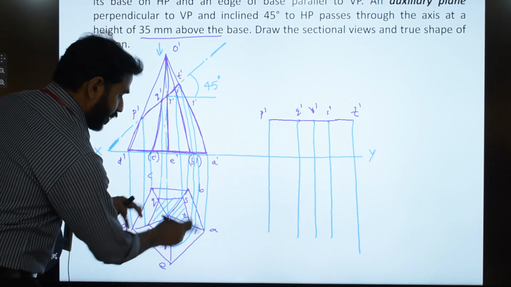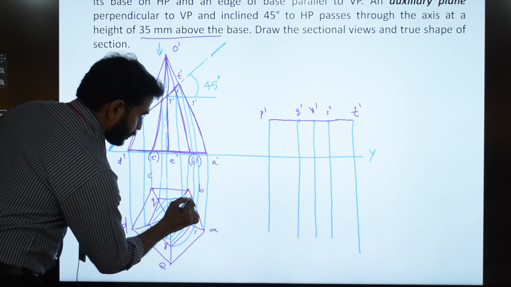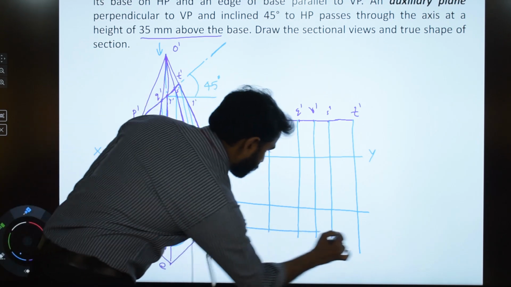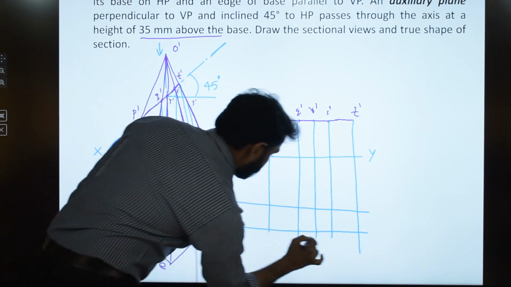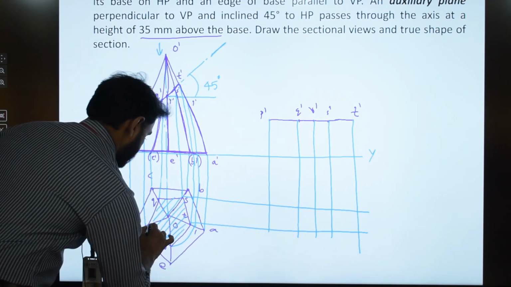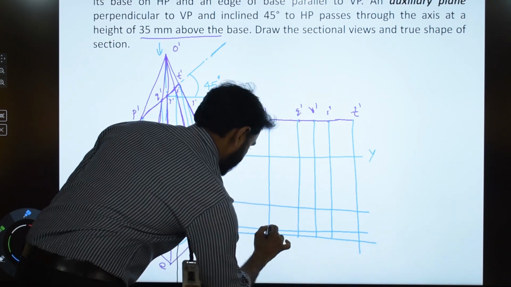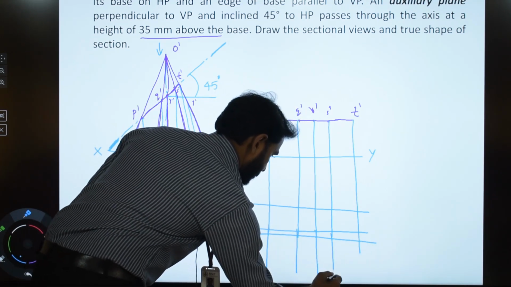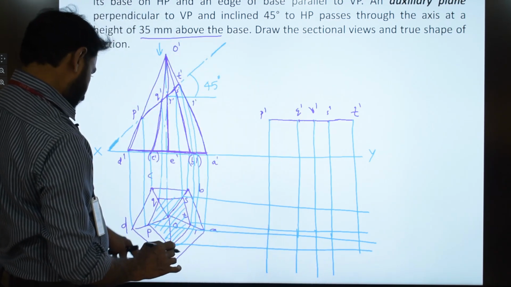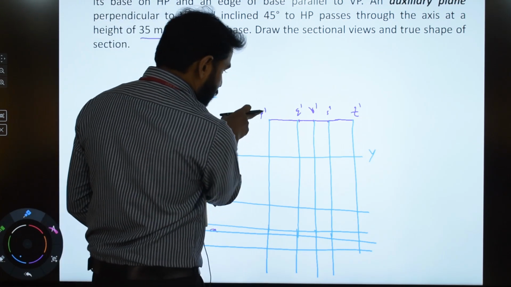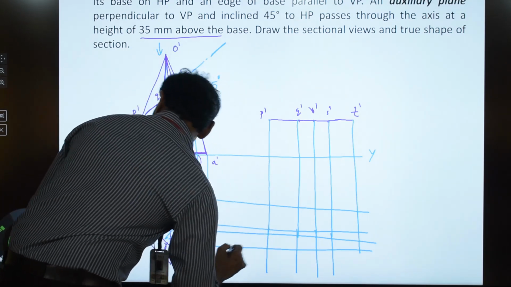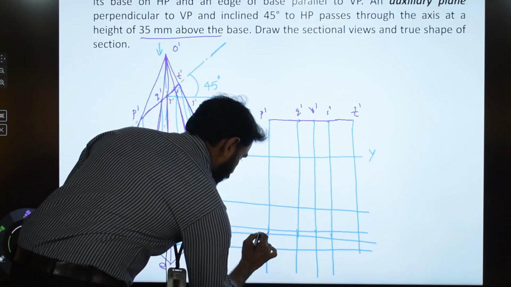Next, draw projectors from the top view points PQ, RST, from Q and S, from T, and then from P, from R. Now the projectors through P dash and P, the point of intersection of these two projectors will give you the cut point P1.